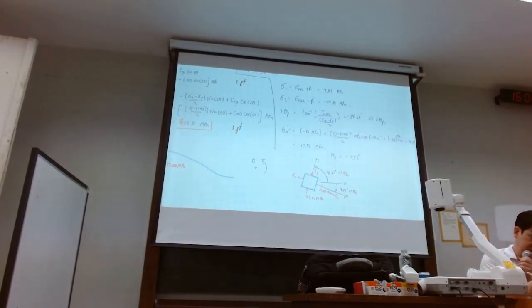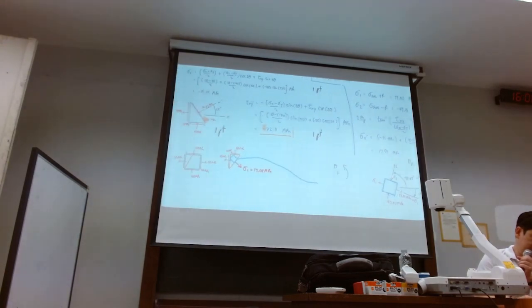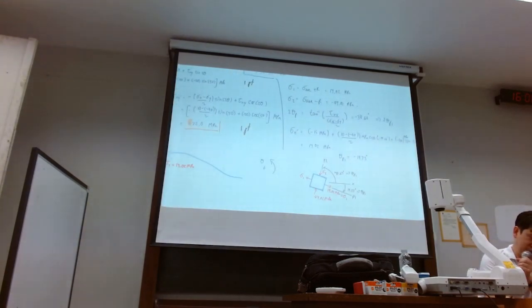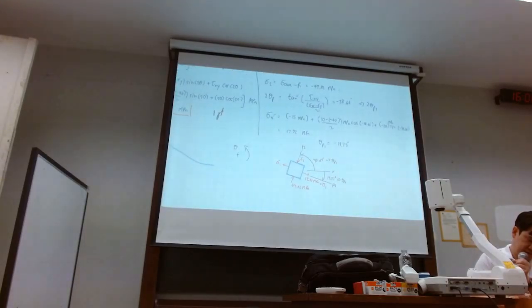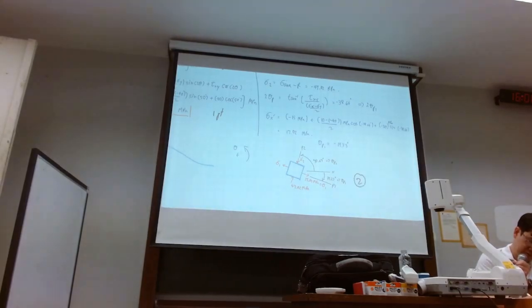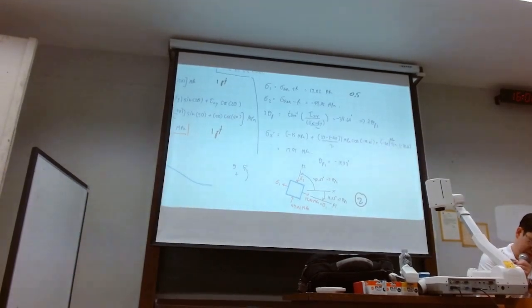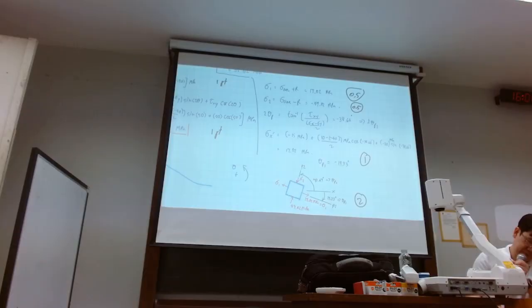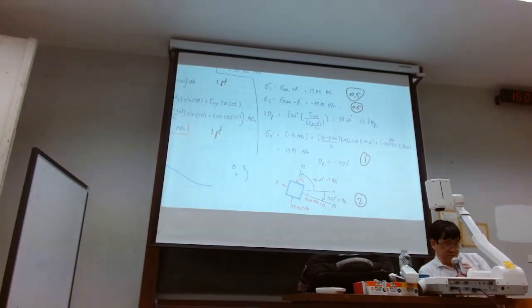Usually I would give this probably 4 points, this 3 points, or actually 2 and a half points, and this 1 point for finding the values.